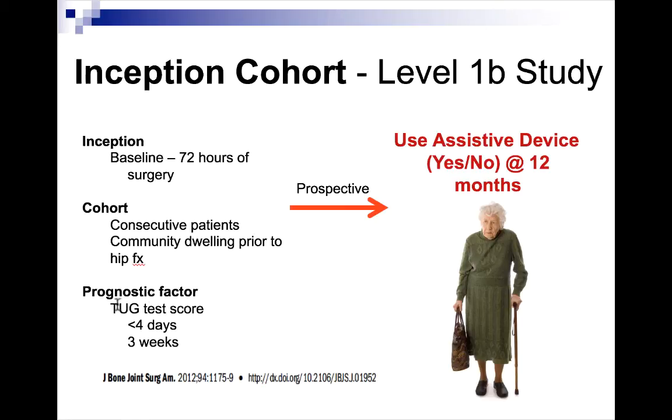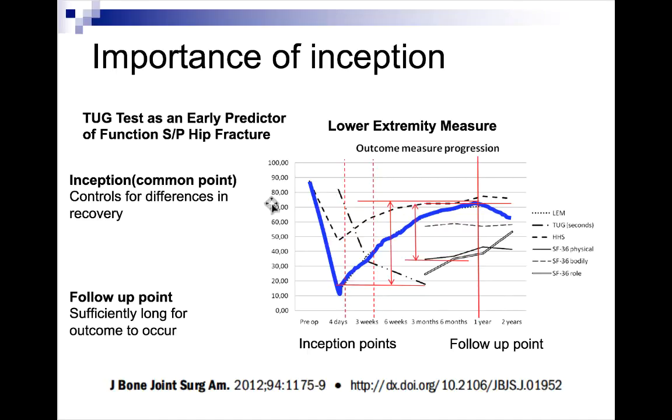They tested their timed up and go test at less than 4 days and 3 weeks, and then followed them for 12 months to determine if they needed an assistive device at that 12-month point. They also looked at a description of their recovery, and we can see here the influence of the inception point.